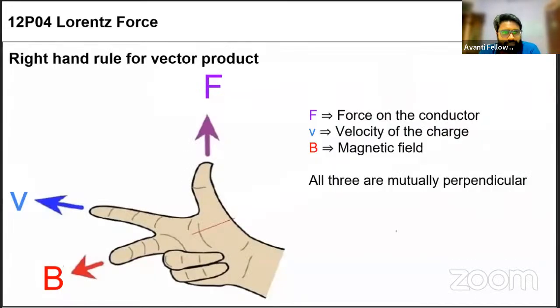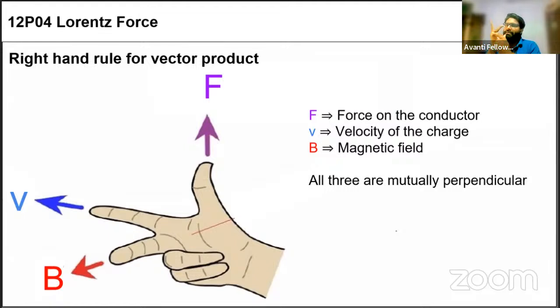Now this one. We have seen this previously and I told you the same way we are going to use for the force also. So here if you see, the thumb is representing the direction of force. This is velocity. You have to make it like this. So the thumb is representing force, this finger is representing velocity, and this middle finger is representing magnetic field.